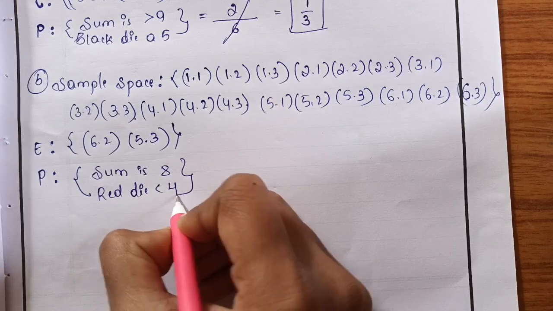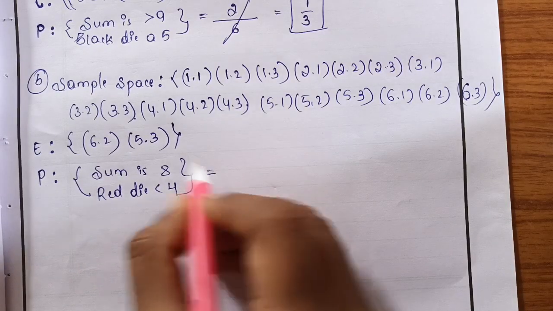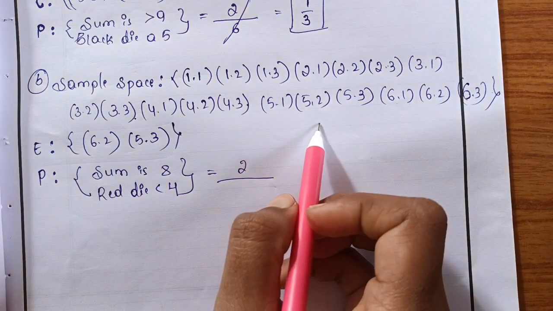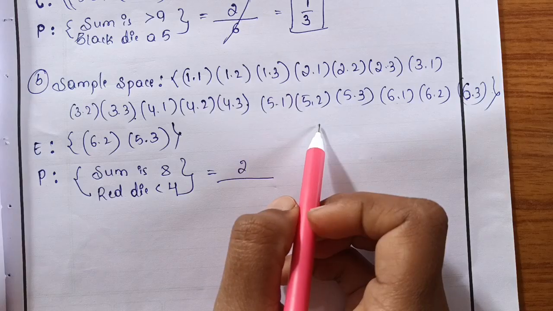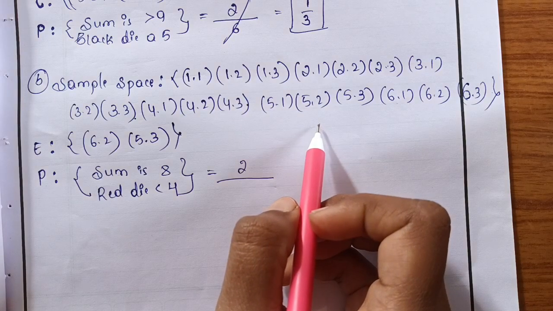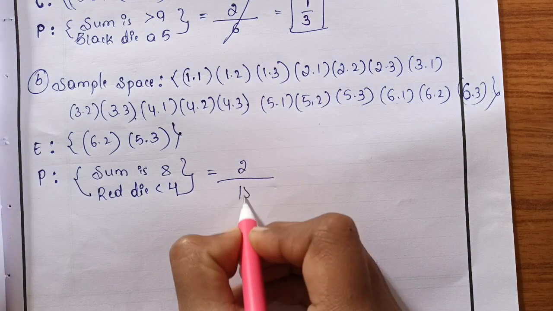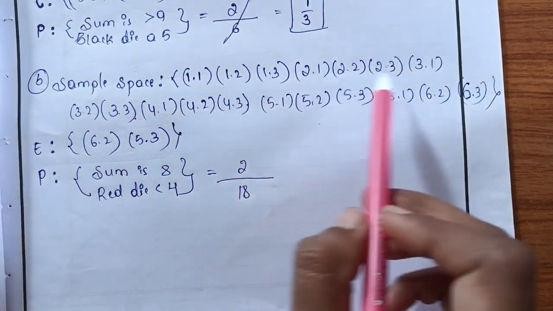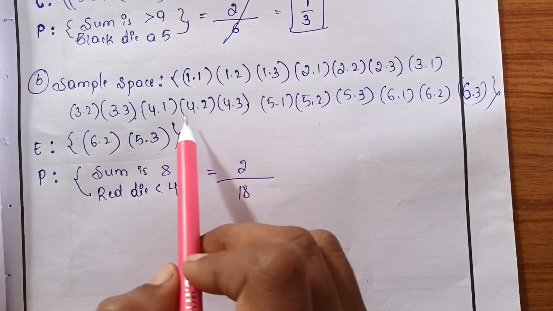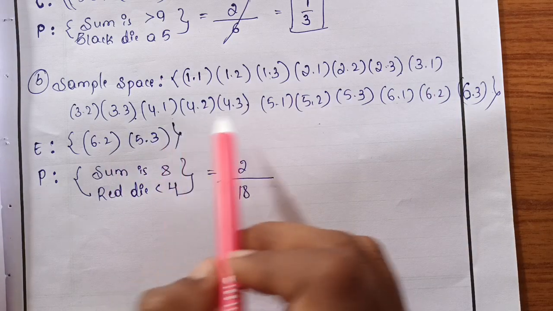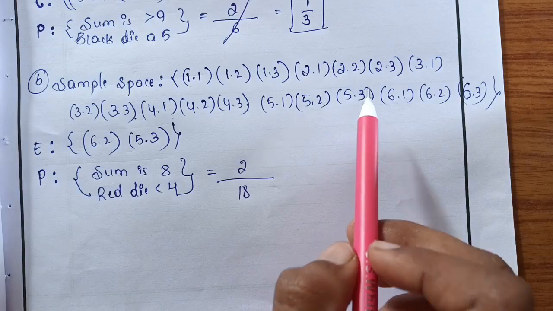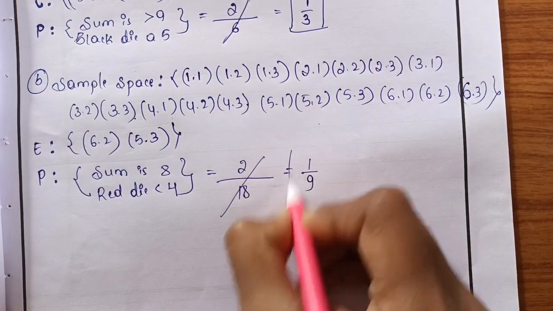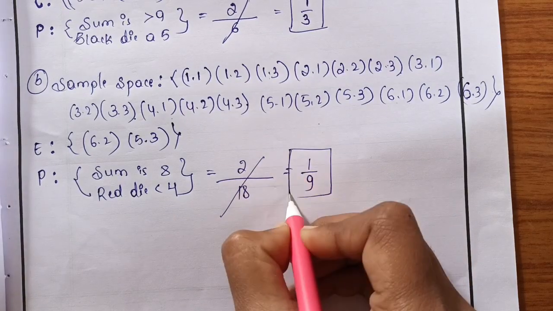Red die less than 4. So the total number of favorable outcomes is 2, divided by the total outcomes of the sample space, 18. 3, 6, 9, 12, 15, 18. So 2 ones are 2, 2 nines. So the answer is 1/9.